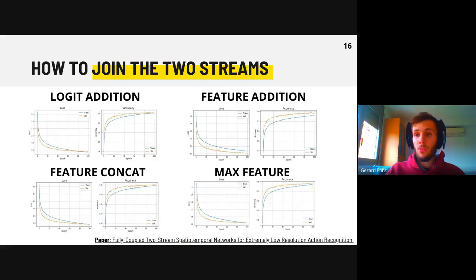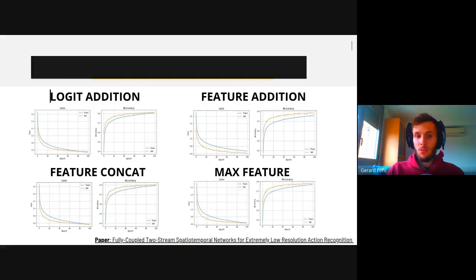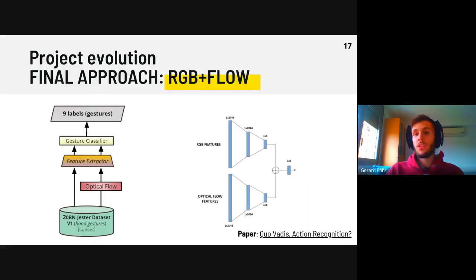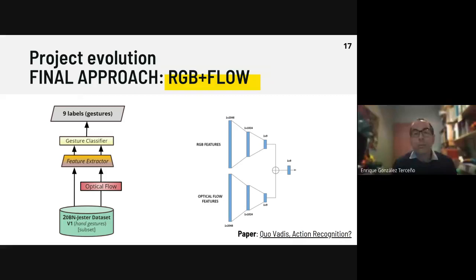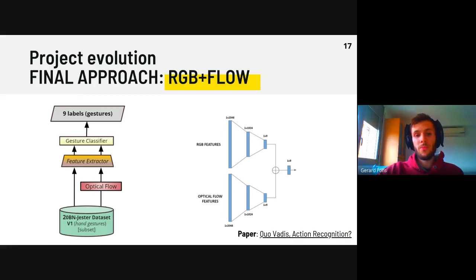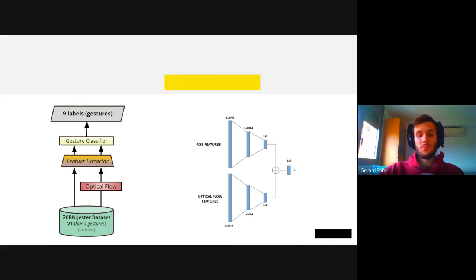So we went with that in order to have more room to play with. We finally chose the logit addition method, and we can see an overview of its architecture on the right, which goes on top of the inflated 3D network that we used previously to obtain the features.